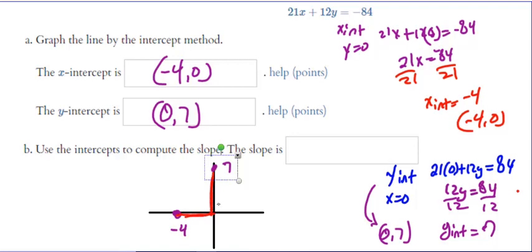So what they're wanting you to do is look at this and know that the change in x is 4 and the change in y equals 7. That's how much it's going up and how much it's going over. So let me highlight.